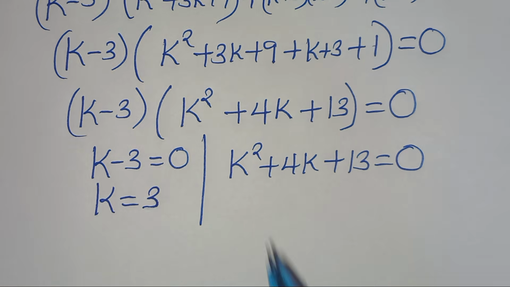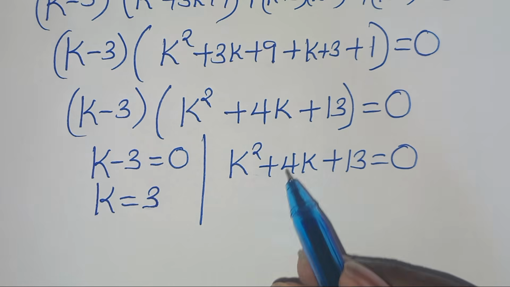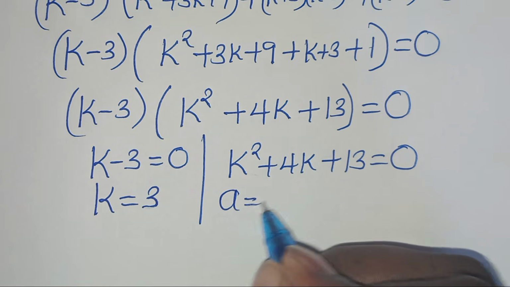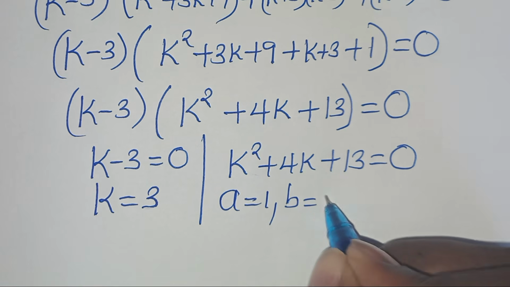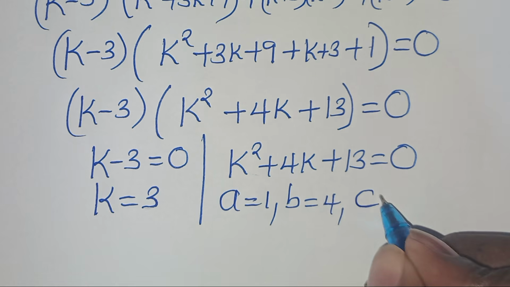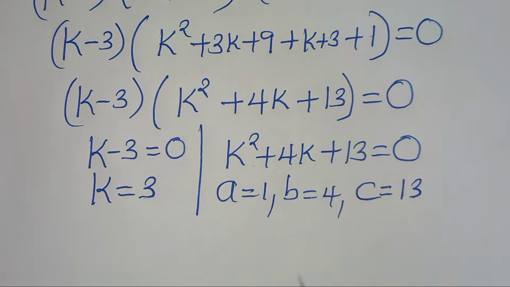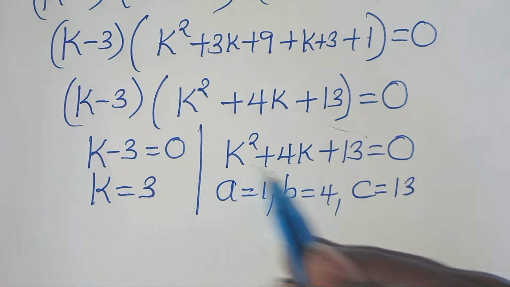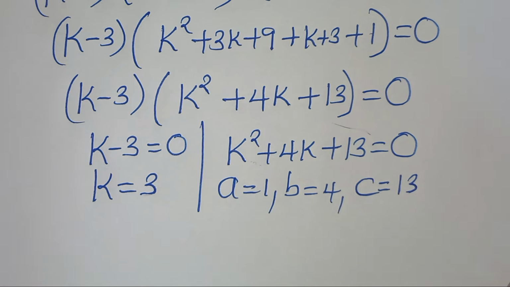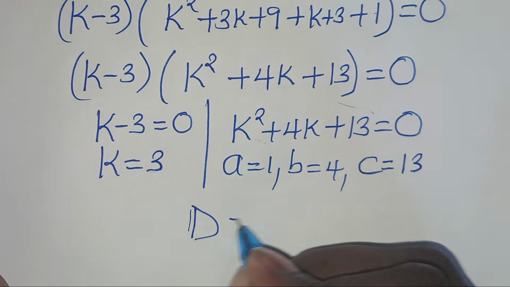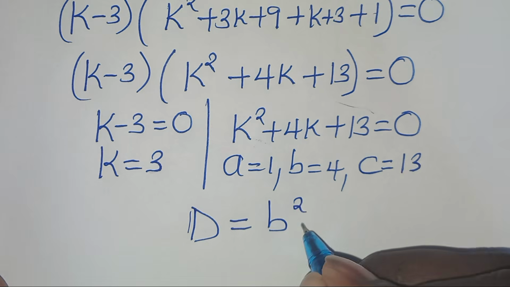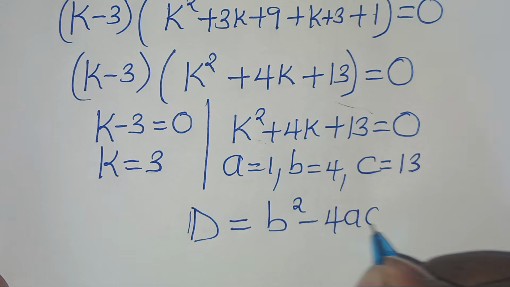Now the second part here, this is a quadratic equation where we have a is equal to 1, b is equal to 4, and c is equal to 13. Now, we need to assess the nature of the root of this quadratic equation by determining the discriminant value, which is b squared minus 4ac.